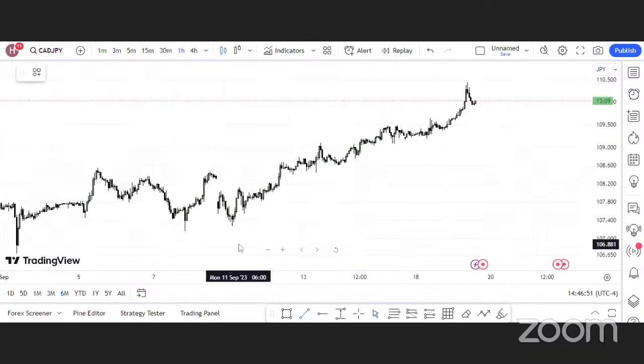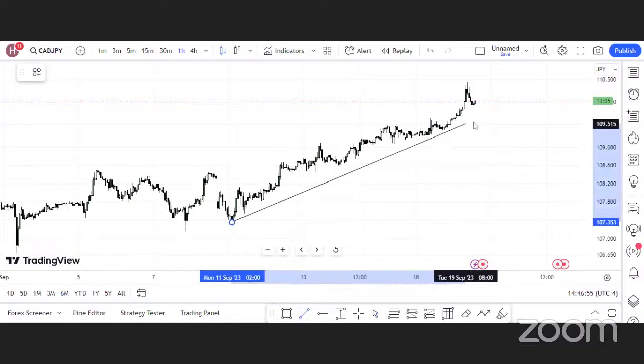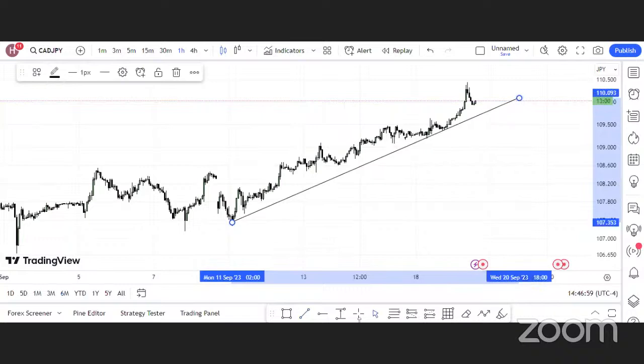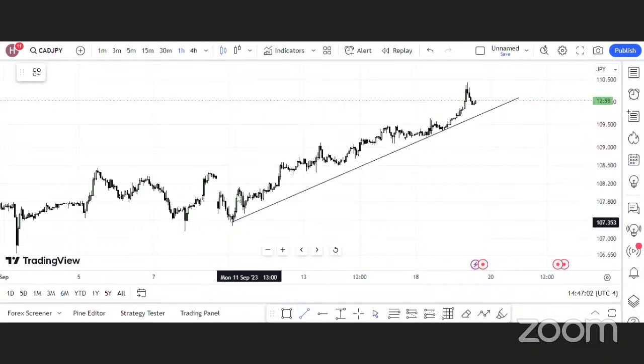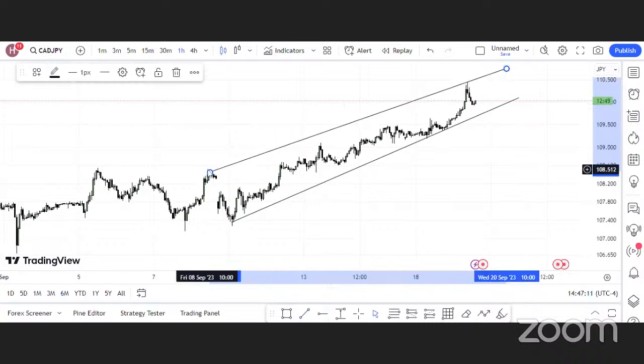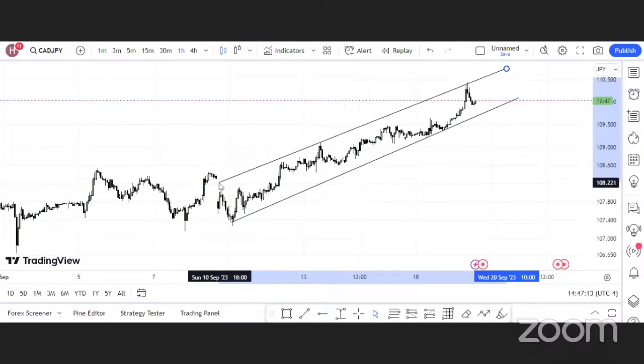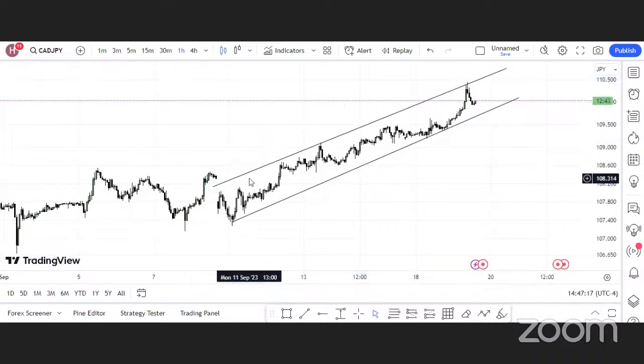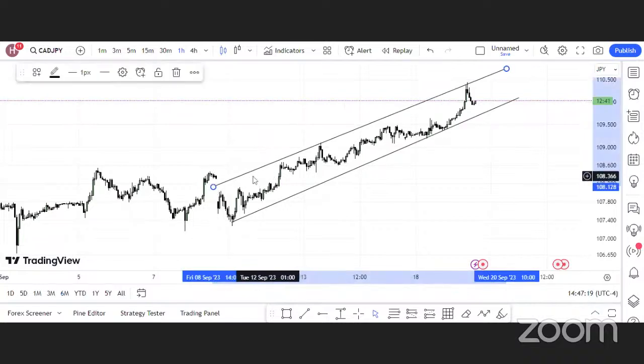What I want to do now is follow this trend with my channel, my lower trend line and my upper trend line. You see, I'm adjusting it because I don't want the upper trend line to touch just this alone.